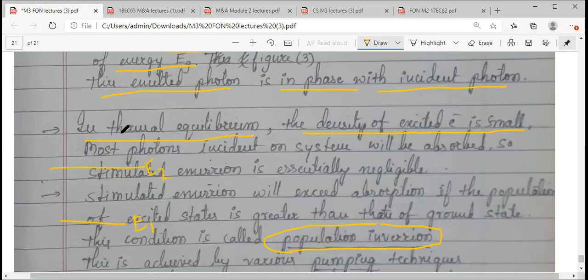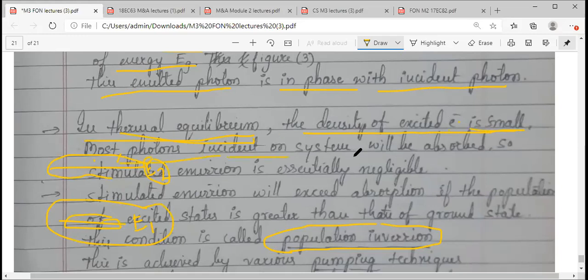So most of the carriers in thermal equilibrium will be here, in the stable condition E1, not in the unstable level. So the density of excited electrons, meaning the electrons at the E2 level, is very negligibly small.